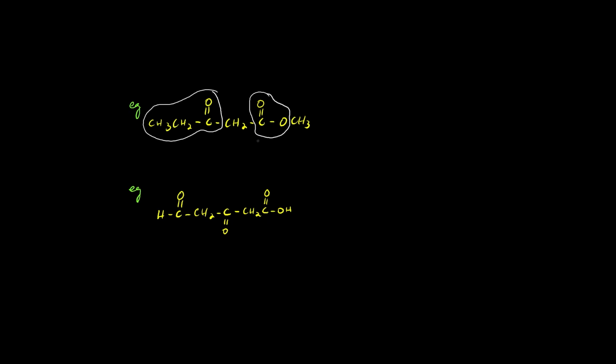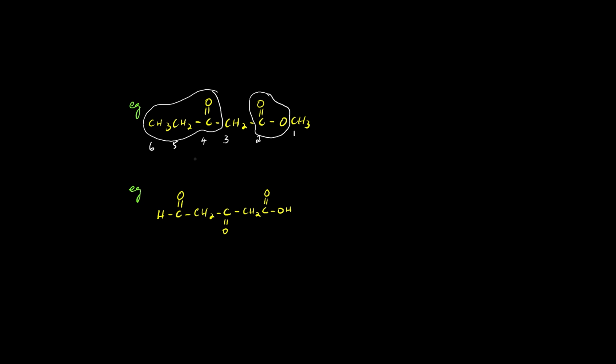So it must be named according to esters. So let's count from the left hand side. Now the first carbon is this one. 1, 2, 3, 4, 5, 6. Right? So now let's see.